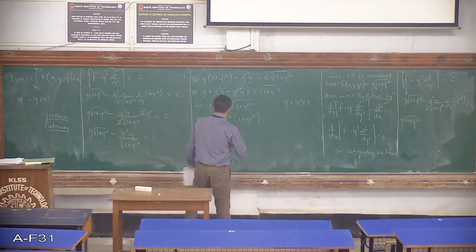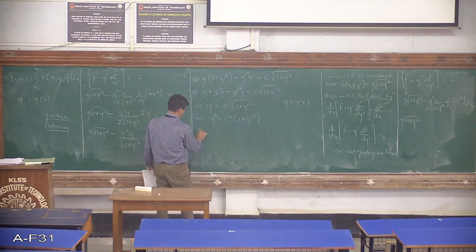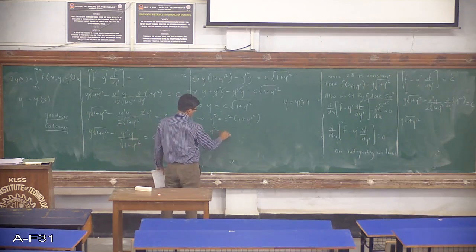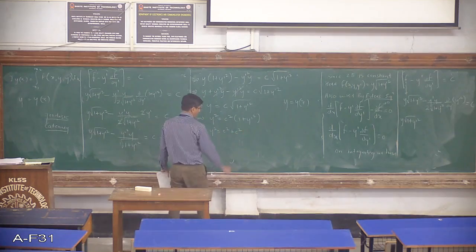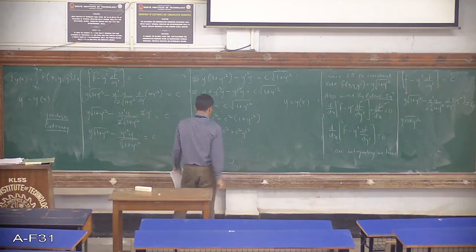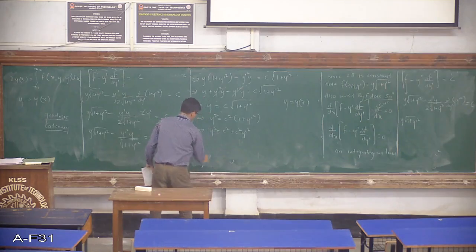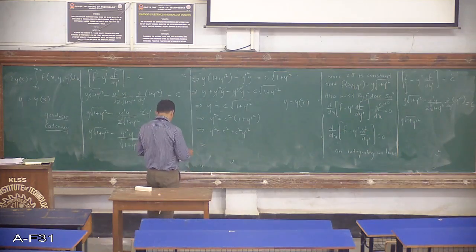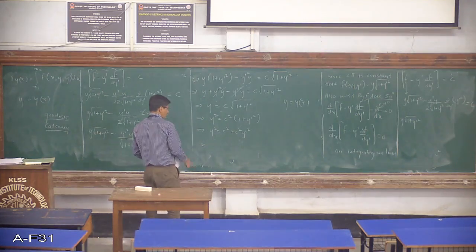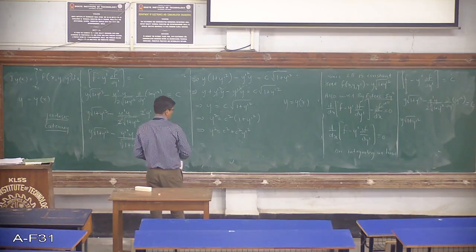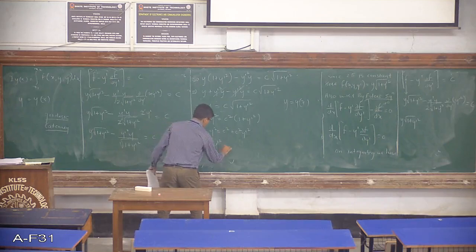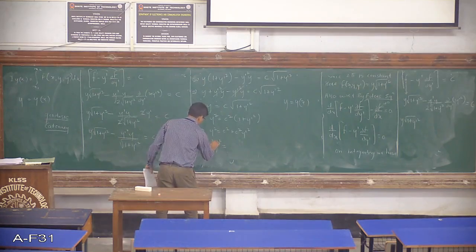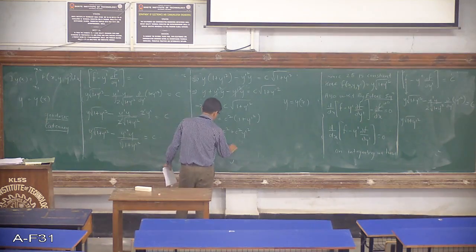So y square is equal to c square plus c square y1 prime square, which implies y1 square is equal to, or here it is c square, so this turns out to be y square minus c square.